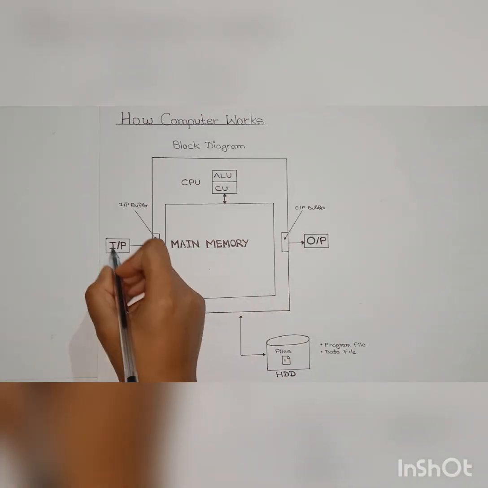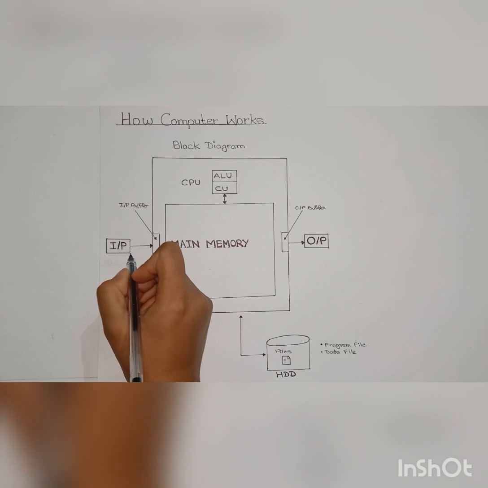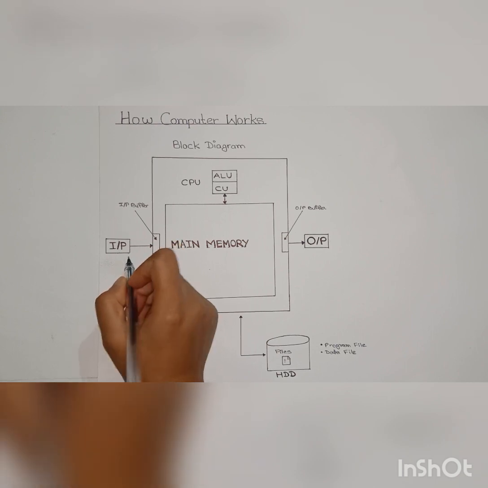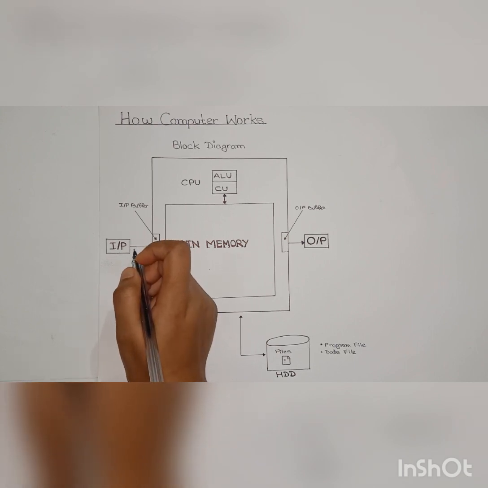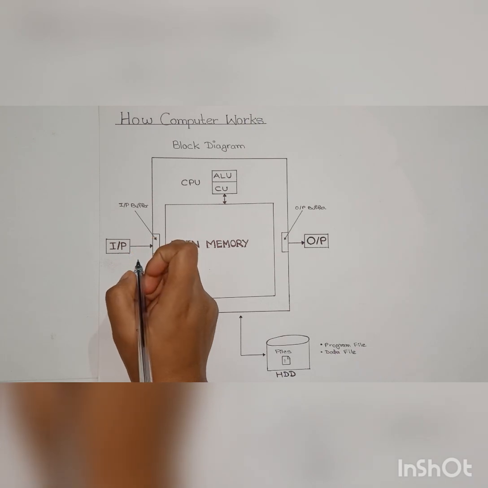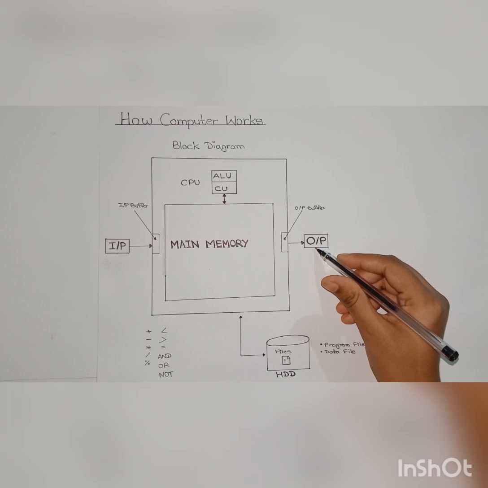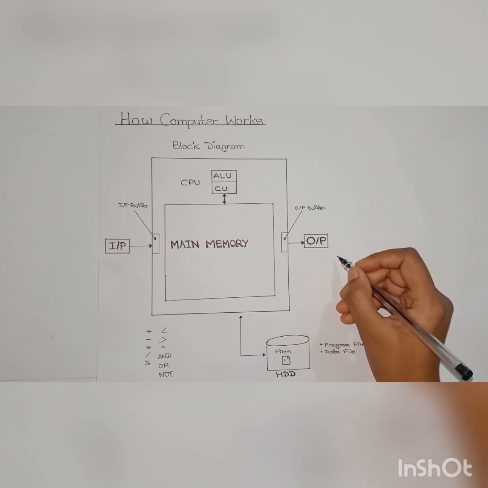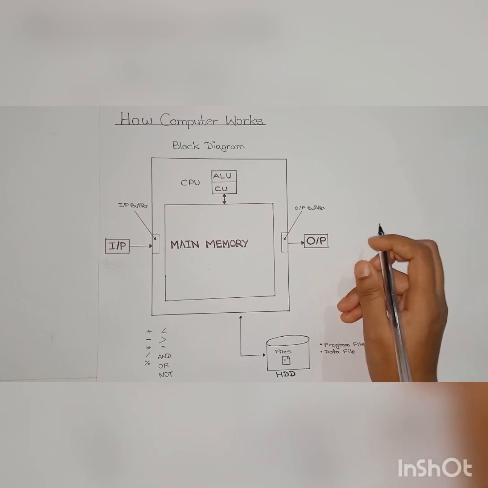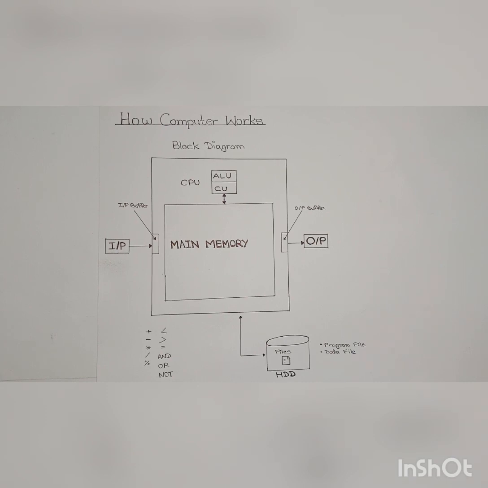So let's come to input devices. Input devices include keyboards, mouses, stylus, tablets, etc. And output devices are printers, monitors, speakers, and so on. So suppose we want to run a program.